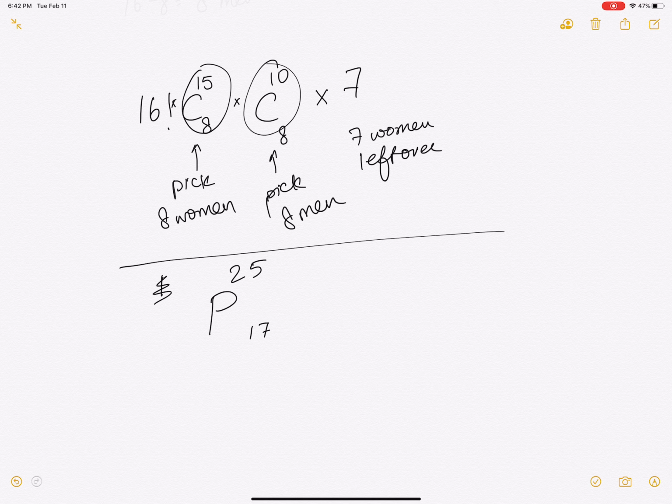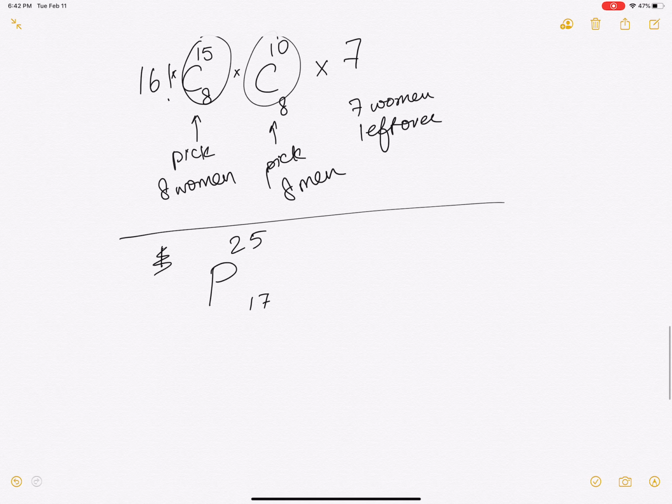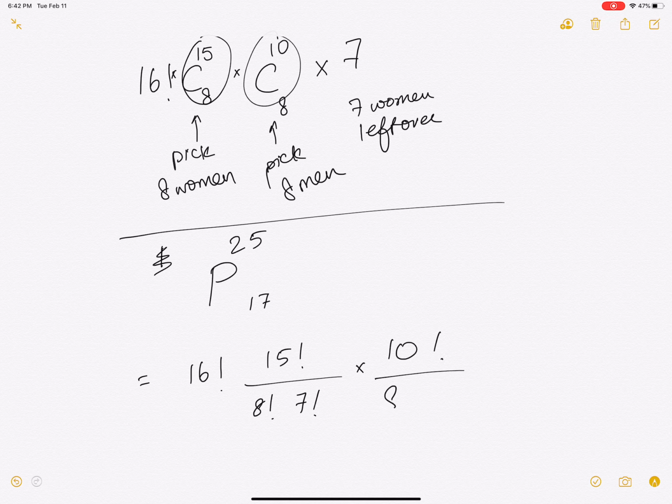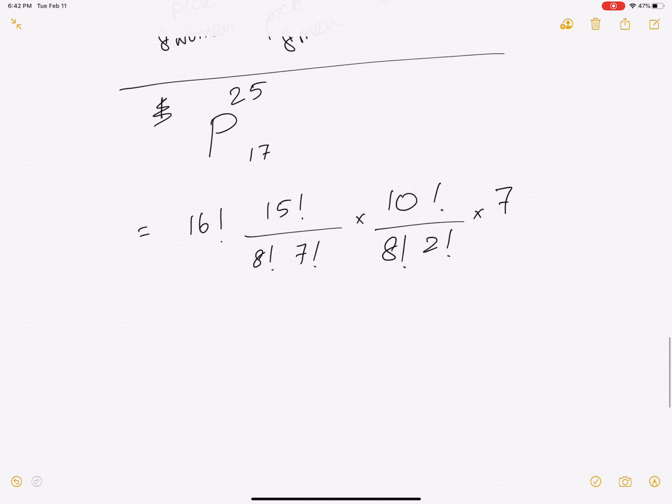Okay, so you could write down what this turns out to be. What will it be? The numerator is 15 factorial over 8 factorial 7 factorial, times 10 factorial over 8 factorial 2 factorial, times 16 factorial, times 7. That's the numerator. And what's the denominator?